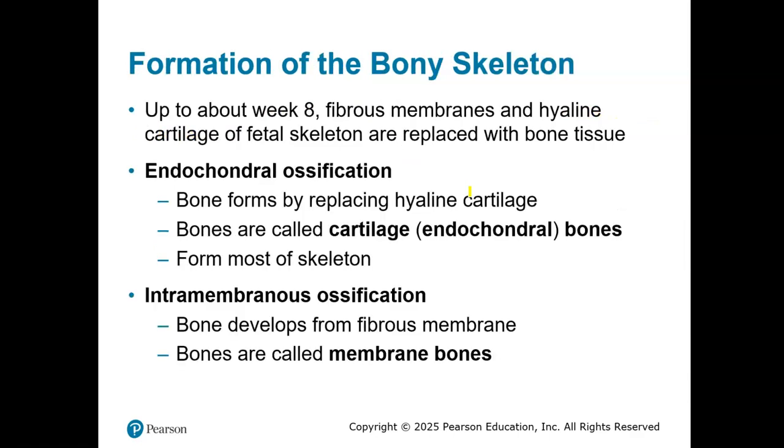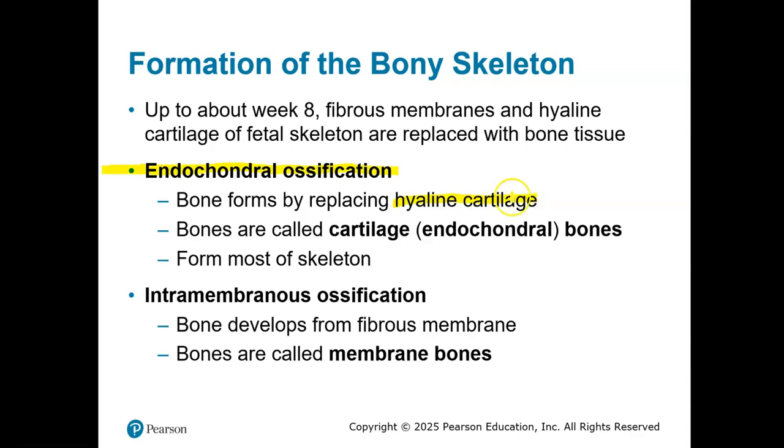So there's really 2 types of bone formation in the fetus. The formation of long bones occurs through endochondral ossification, and that is when the long bones, like the bones of the upper limb and the lower limb, are going to start out as a hyaline cartilage model.